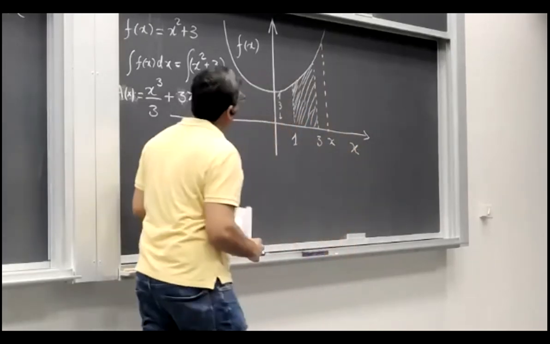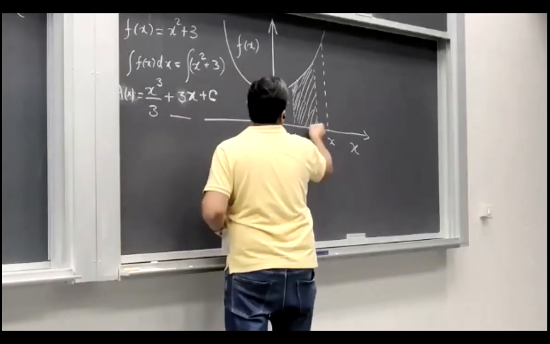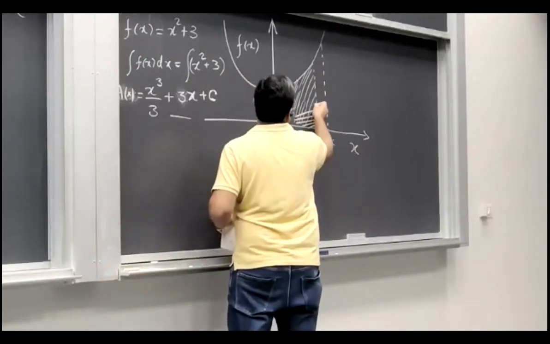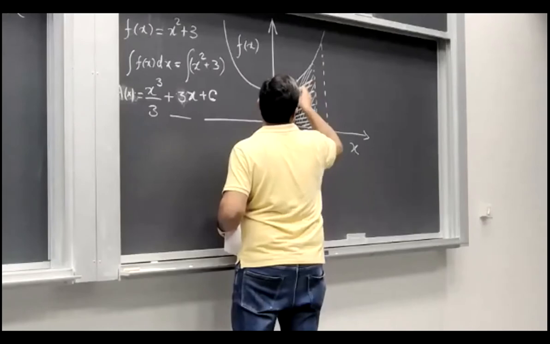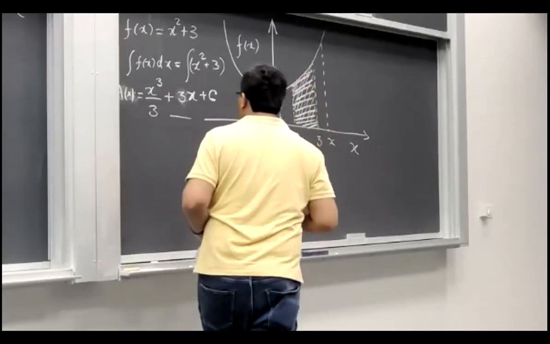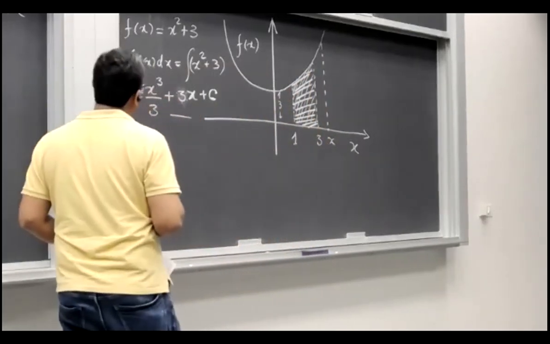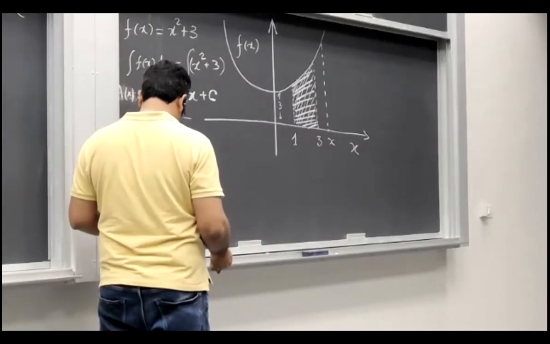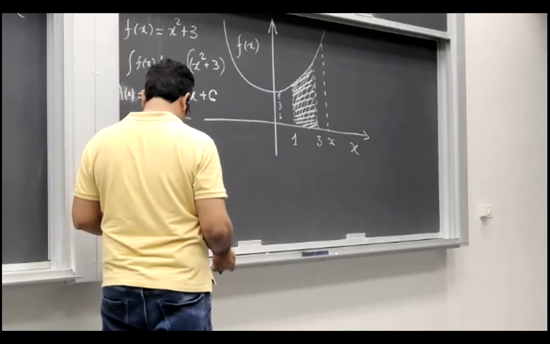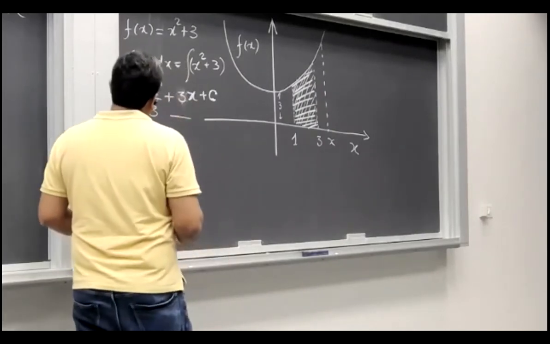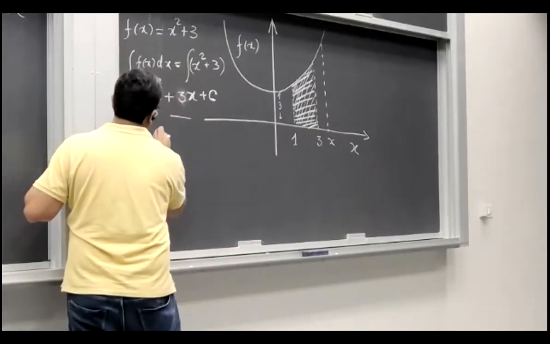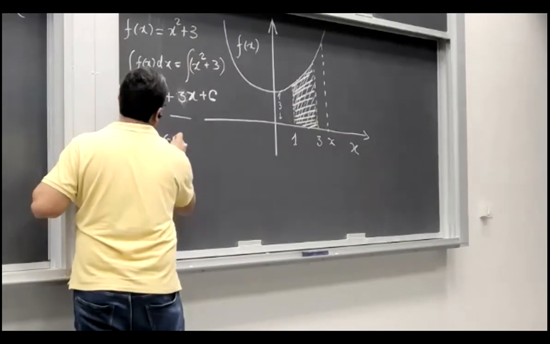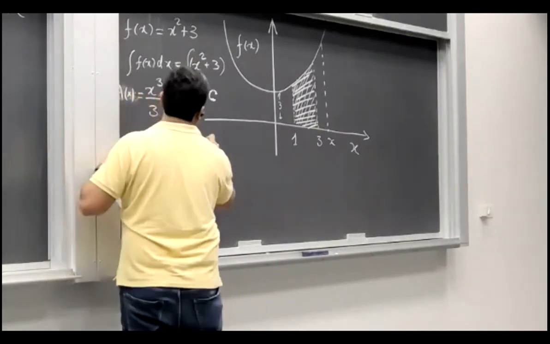But now I want to find this specific area, between 1 and 3 on the x-axis. So how do I do that? All right, so we can do that. Just let me rewrite so that you can view it more clearly.